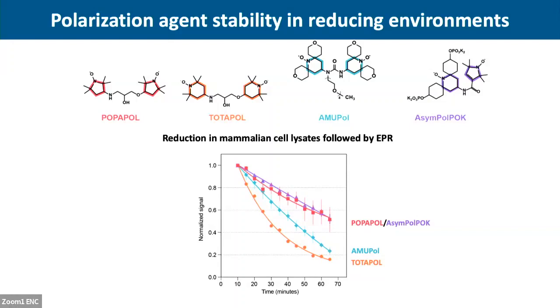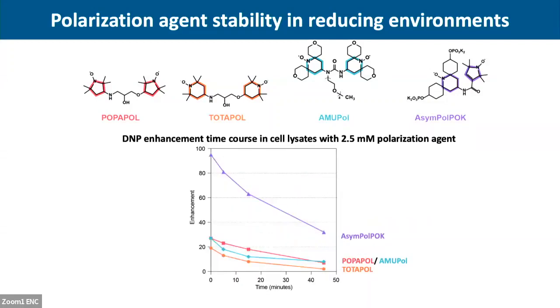And then we also did similar experiments, but now we are looking at the DNP enhancement as a function of time, as incubation at room temperature. And so here we had to use a little bit higher concentration of polarization agent because we actually had to measure our enhancement.